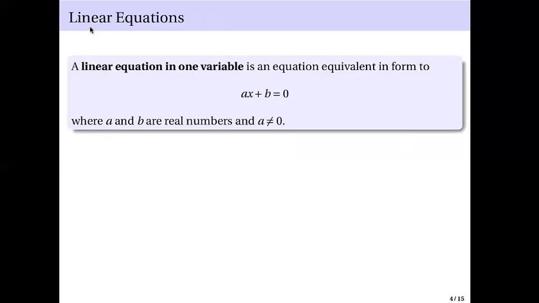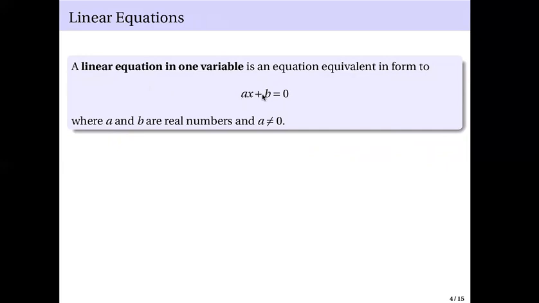Remember the linear expression. The linear expression is of the form ax plus b. Now, the linear equation in one variable, say the variable x, is an equation that is equivalent in form to the following equation: ax plus b equals 0.